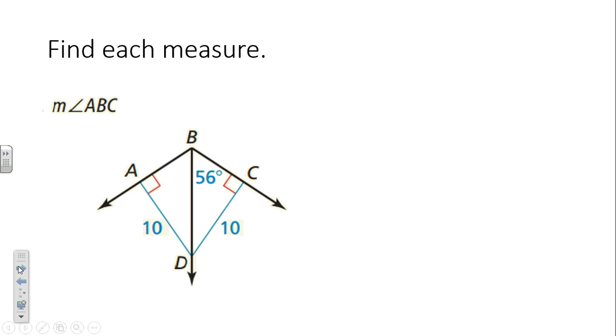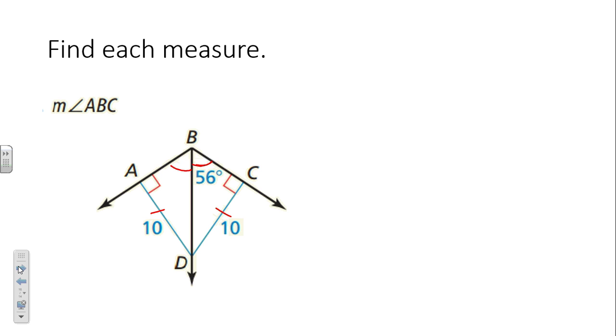So what do we notice? We've got right angles, right? And we have congruent sides, right? So since these two are congruent, that's going to make these two angles be congruent as well, isn't it?